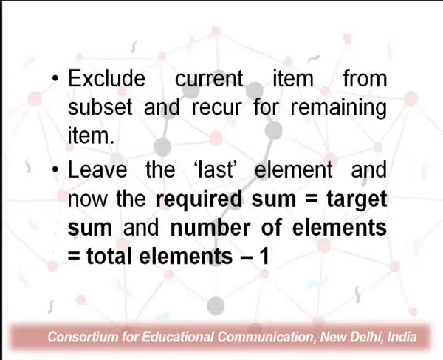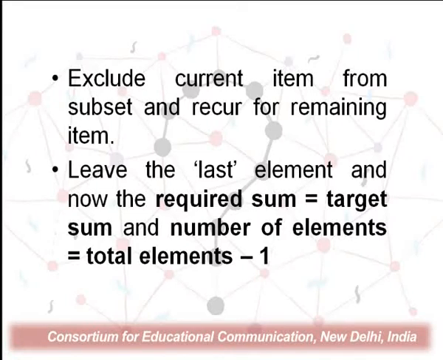So the capacity of the knapsack remains intact, but we need to recur for the solution among the remaining items, because the item which we are not considering is now out of the race of the items which are going to be included. So we need to recur for the remaining items after excluding that particular item from the subset.